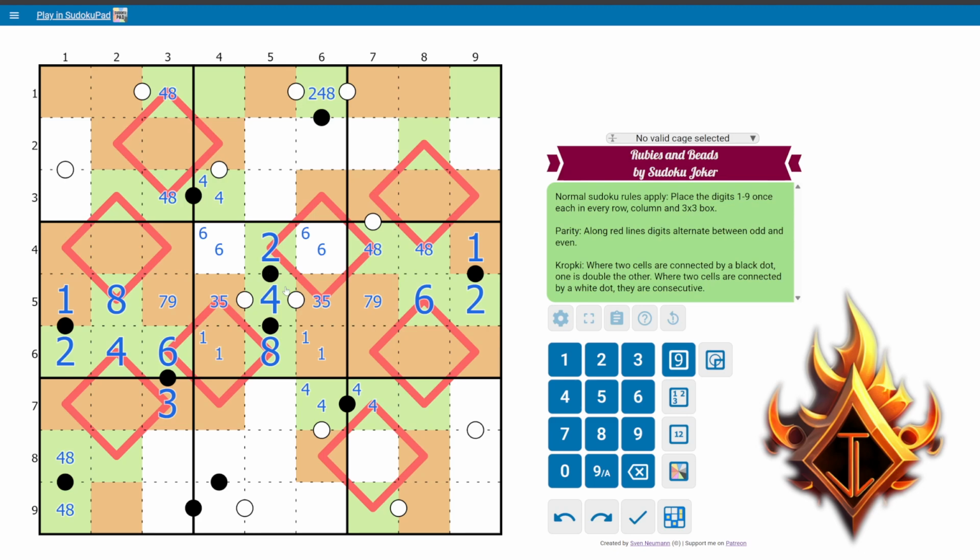Or am I missing a count in a row or column, perhaps, of odds? This is one of each. It is not.